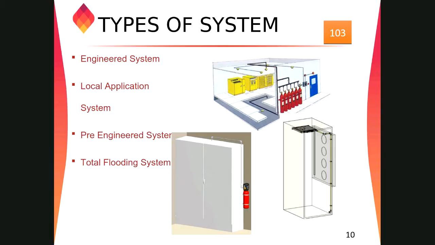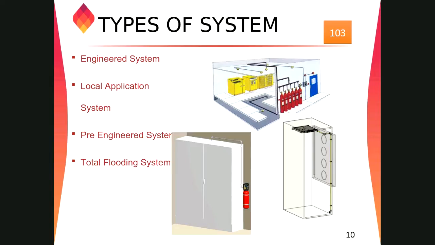Now we have the pre-engineered systems. Sometimes we have predetermined flow rate, nozzle pressure, and quantities of agent. This system has already listed the specific pipe size, maximum and minimum pipe length, flexible hose, number of fittings, and types of nozzles, as tested by testing laboratories, right? So these are specifically limited in type and size by a testing laboratory.